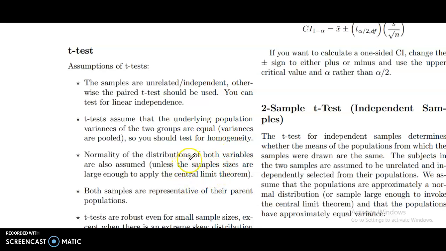Both samples are representative of the parent populations.